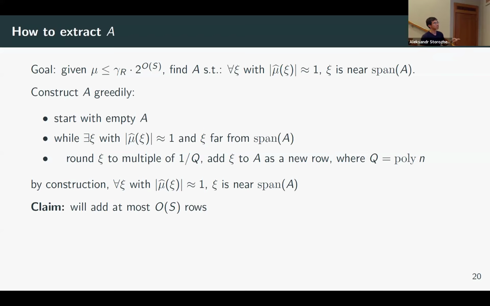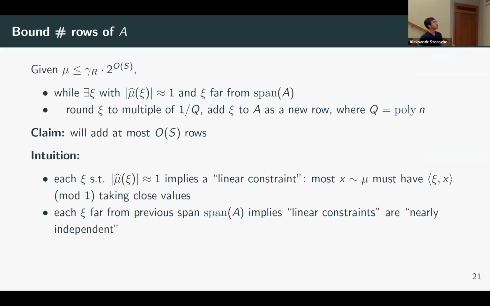So the last thing to show is intuitively why this sketching matrix has only very few rows. Ideally, I would like to say it has only O(S) rows. The intuition here is that every time we have a large psi, this means that we are imposing a linear constraint on what the support of mu can be.